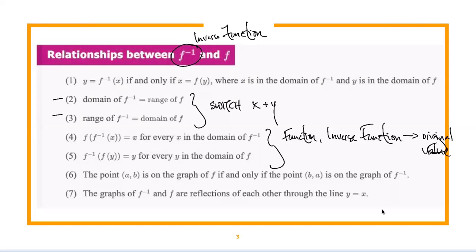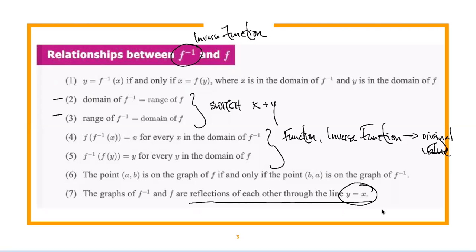And if you switch those, like you apply the inverse and then you do the regular function, you'll still get the original value. Okay? And the last thing I want to highlight here is that the graphs of the inverse functions are reflections of each other across the line y equals x. And for those of us who are visual learners, this is actually a really nice way to think about inverse functions. Okay?